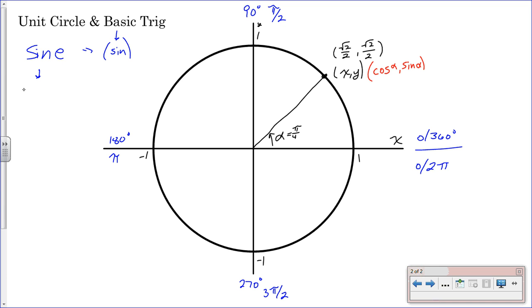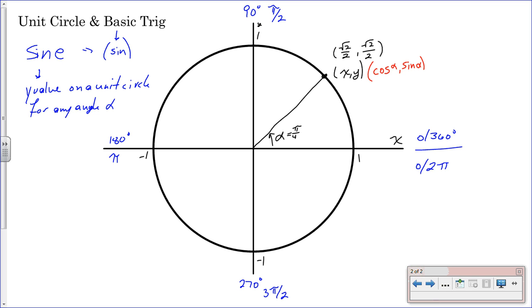And it is the y value on a unit circle for any angle alpha. All right, pretty simple to remember, I think.